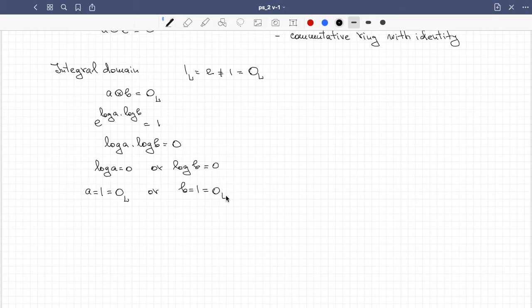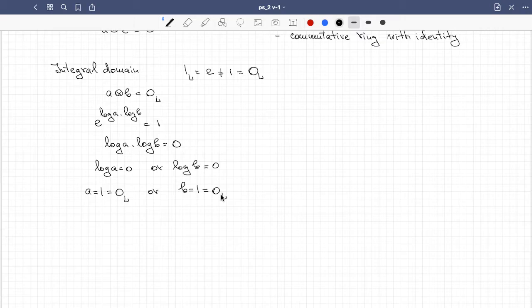So what I found is that if the product of a and b is 0 in the ring, then either a is 0 in the ring or b is 0 in the ring.